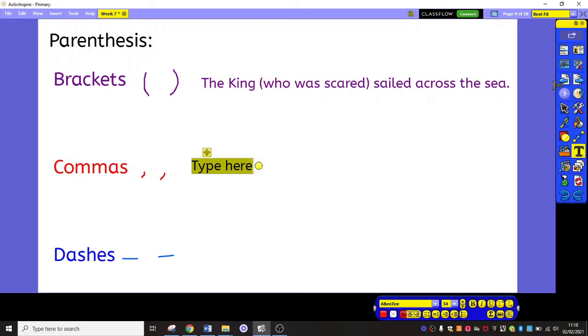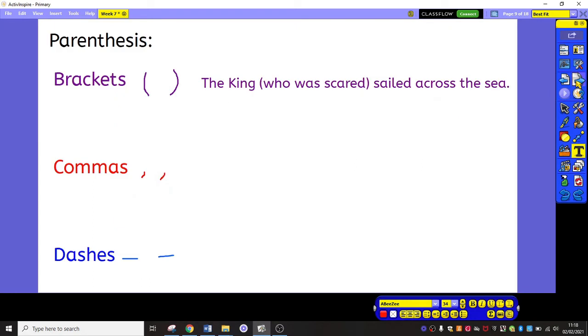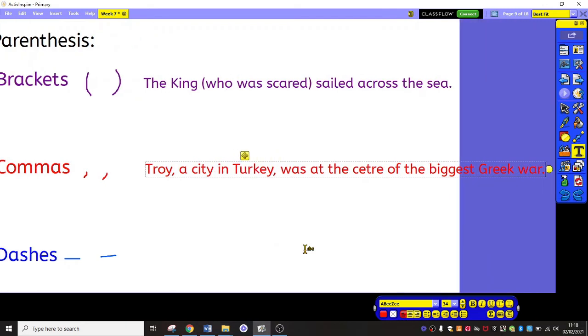So if I go back to my Greek research, Troy was the biggest war. So Troy, a city in Turkey, was at the centre of the biggest Greek war.